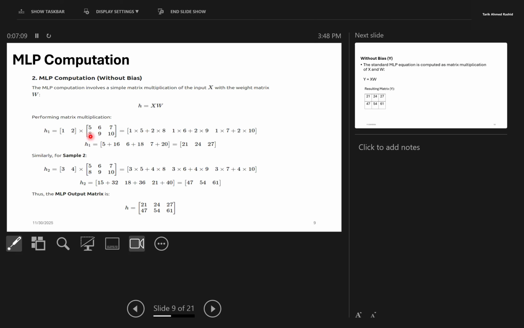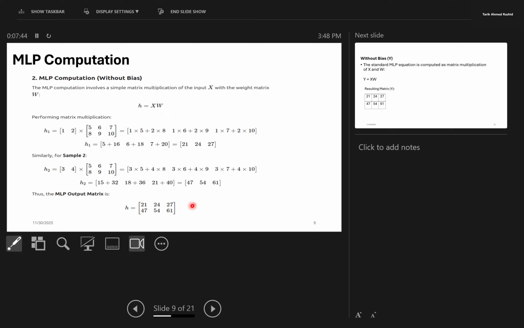Now the computation for the multi-layer perceptron neural network without bias: the formula is hidden layer equals x multiplied by the weight matrix. So input 1, 2 times this matrix gives the output, and H1 will be this much. We can do it for sample 2, 3 by 4, multiplied by the weight matrix, and we get this.